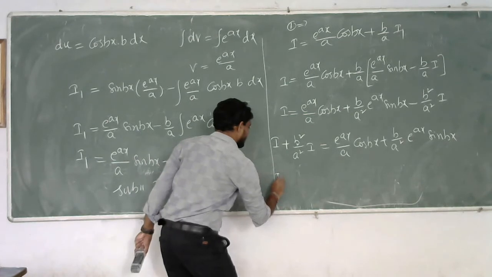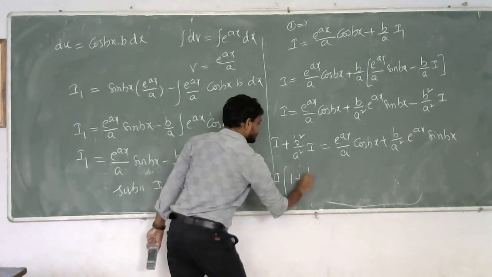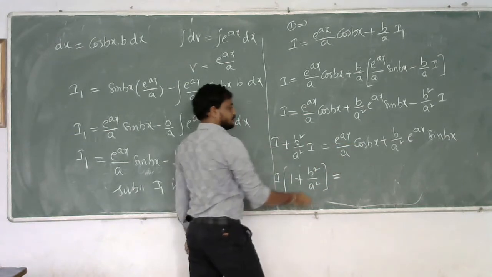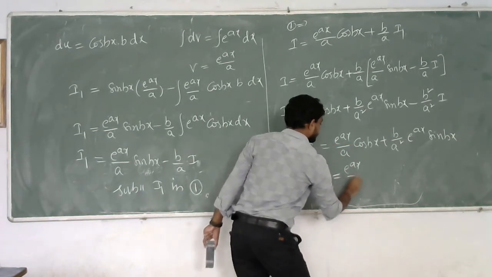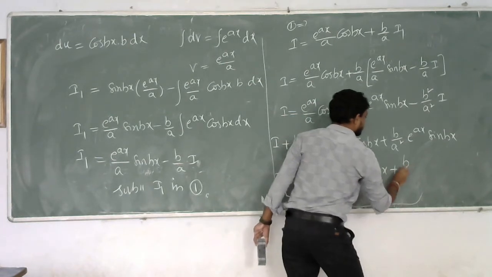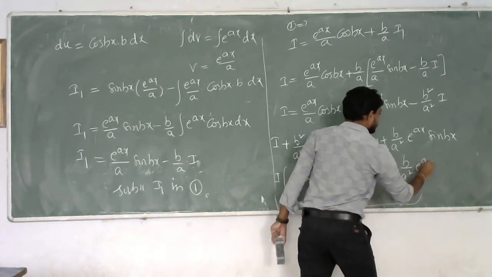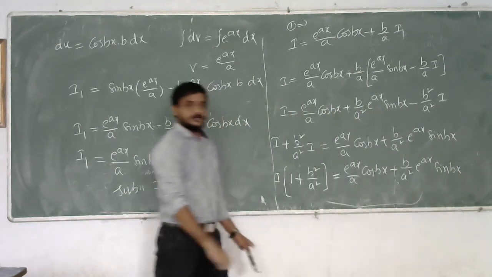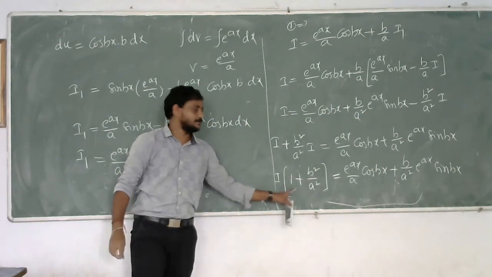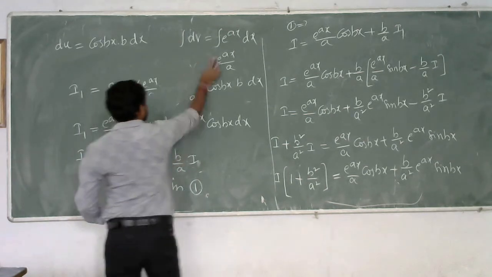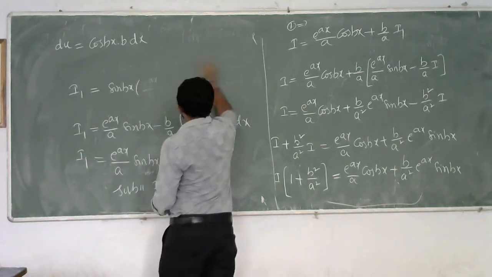So if you take I common, what will be 1 plus b square by a square equals the same term. Then take LCM, 1 plus b square by a square. What is LCM? A square into LCM. Then simplify.